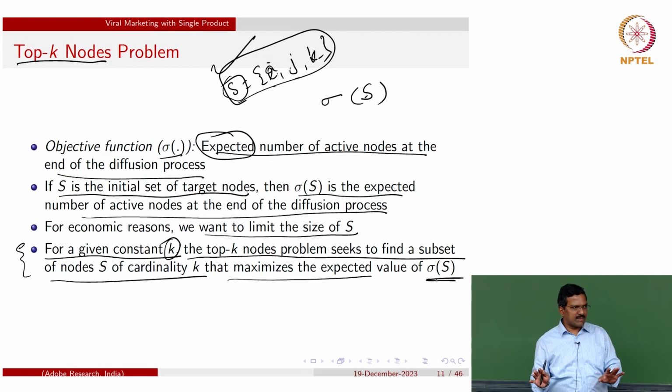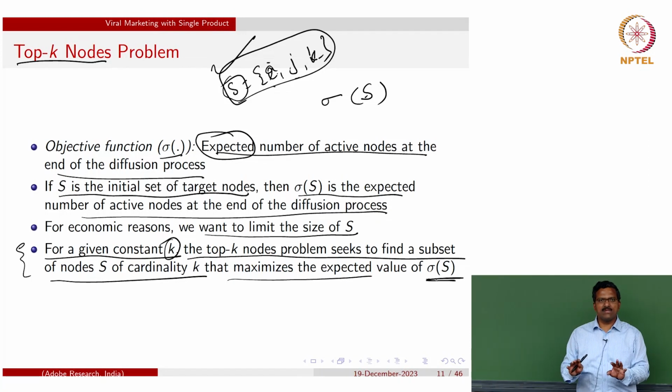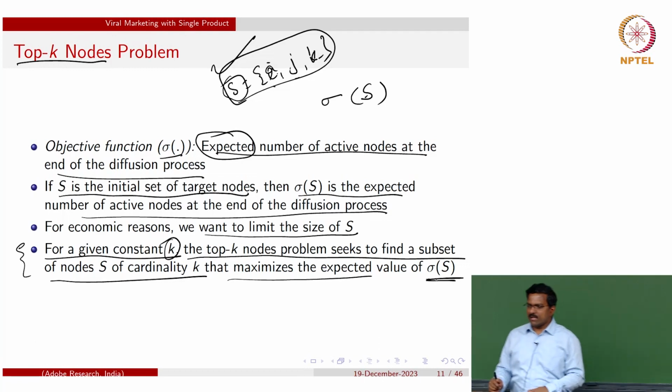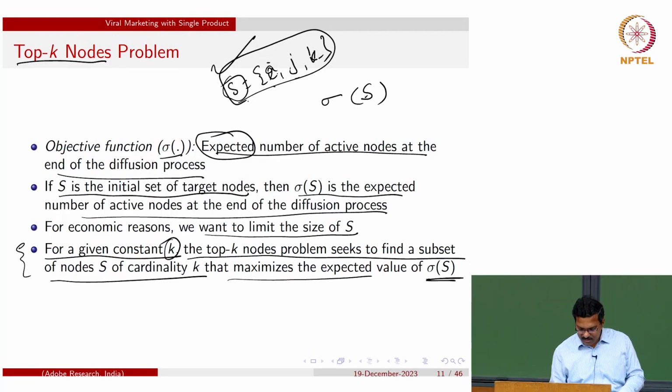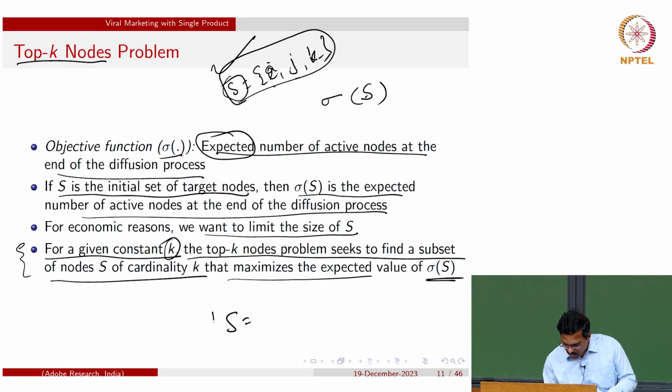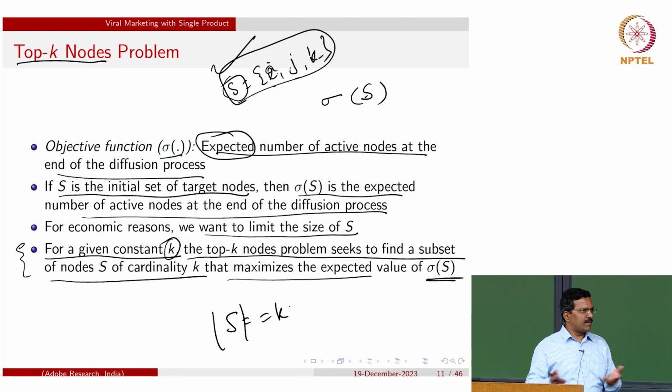Edge weights are fixed. Only for the node thresholds, you randomly put numbers between 0 and 1 for all the 100 nodes. Finally, the cardinality of S should be K, but initially you don't know anything. Nobody told you which K nodes you should activate. Initially, S is empty.